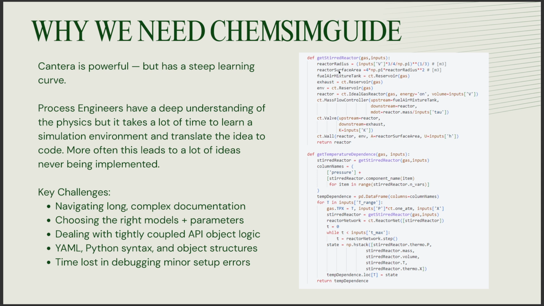On the right, you can see a small snippet for setting up a CSTR simulation, and we can already see it's really complex. A lot of times, just learning Cantera and then implementing it takes weeks or even months to even get started. And what this leads to is that more often than not, a lot of ideas do not get implemented or are terminated after a few weeks.